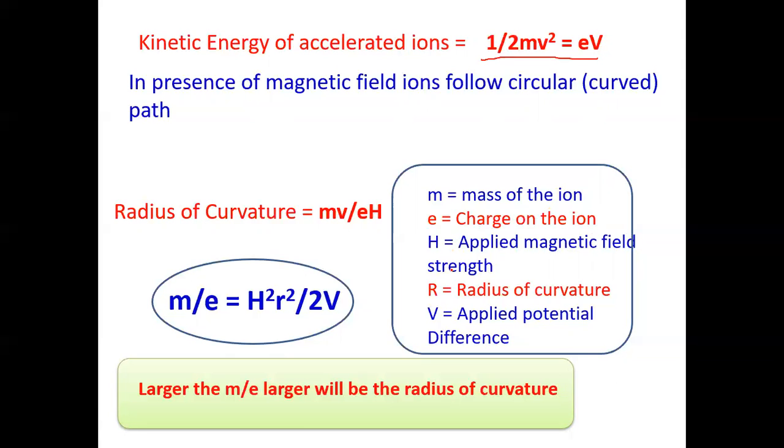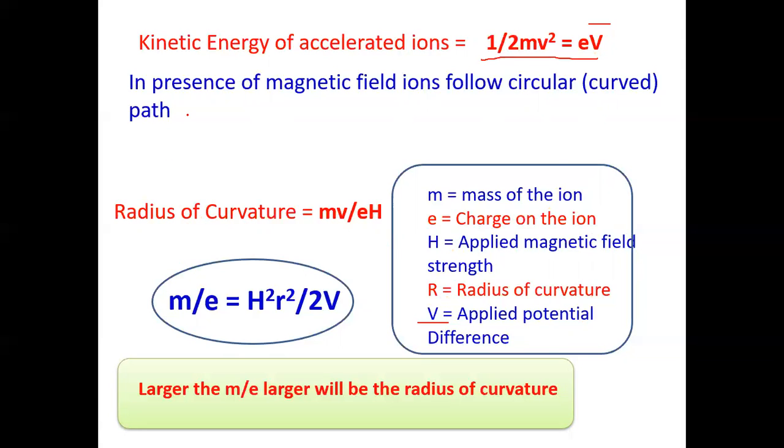Then we have one more equation that will give the radius of curvature. Then we have this capital V, which is the potential difference applied across the accelerating plates.